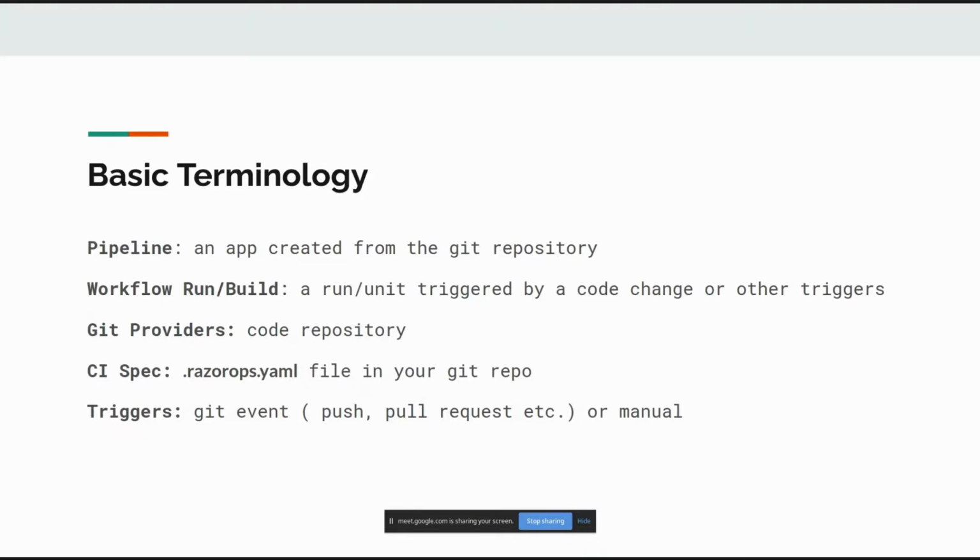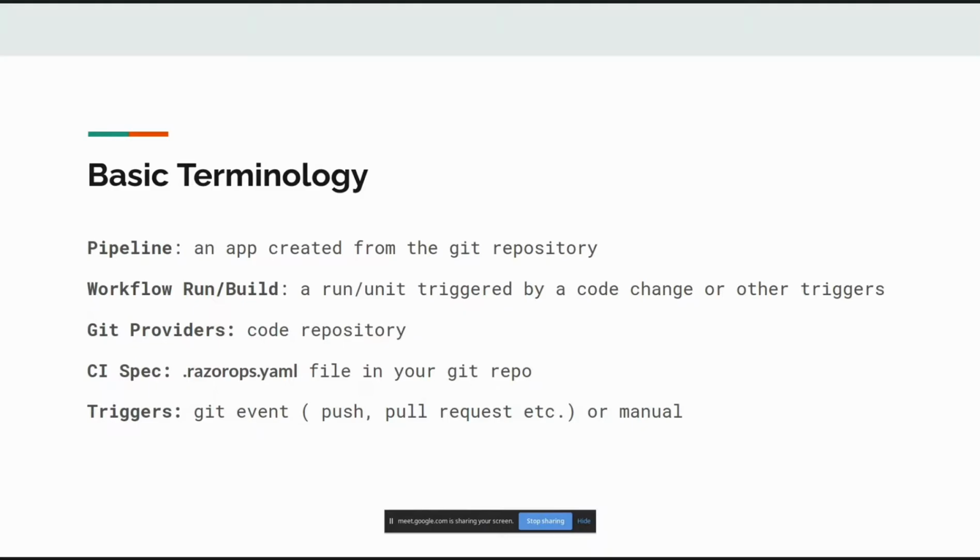Before getting started, I just want to give some basic terminology. Most of you might know this, but in the context of any platform, you will see a word called pipeline. A pipeline is nothing but an app created in the CI system from your Git repository.